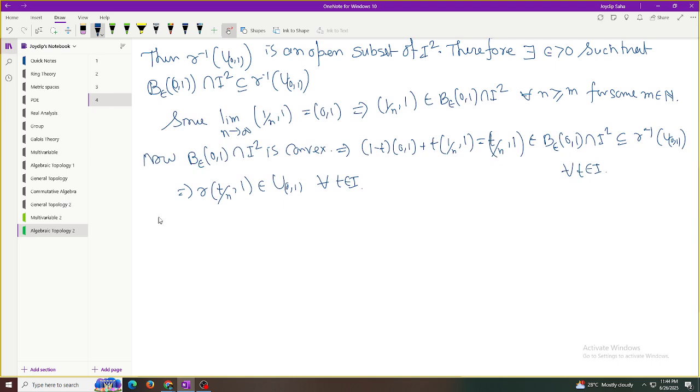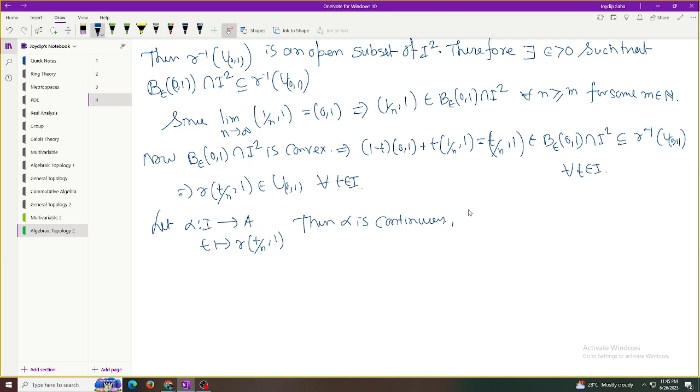Let alpha from I to A send t to R(t by n, 1). Then alpha is continuous because it is a straight line composed with R, and it is guaranteed that R(t by n, 1) belongs to U(0,1).